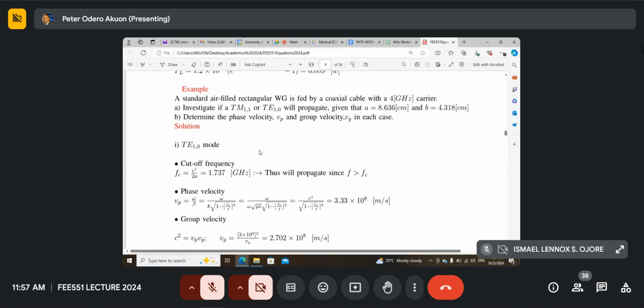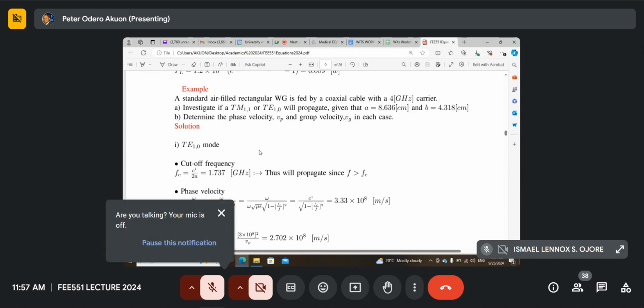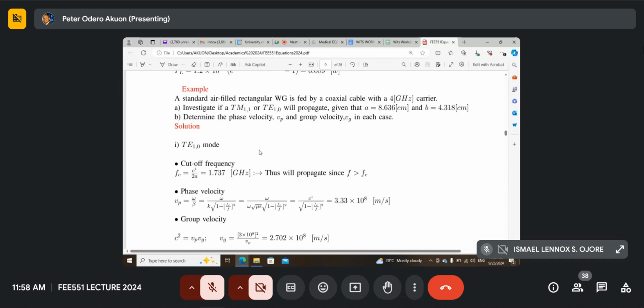TM11, what is the cutoff frequency? I hope someone is calculating. TM11, what's the cutoff frequency?